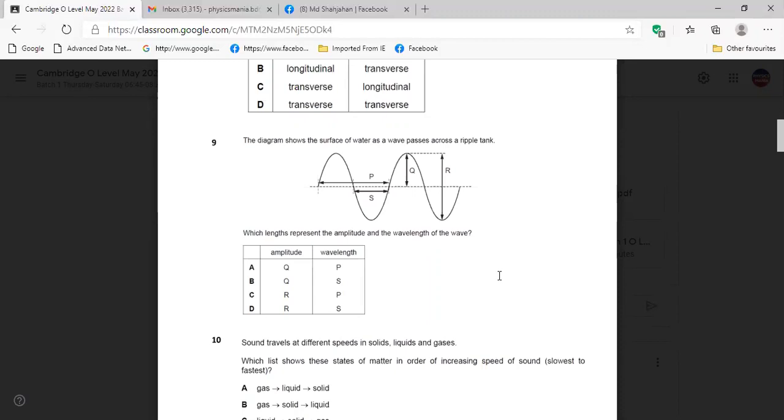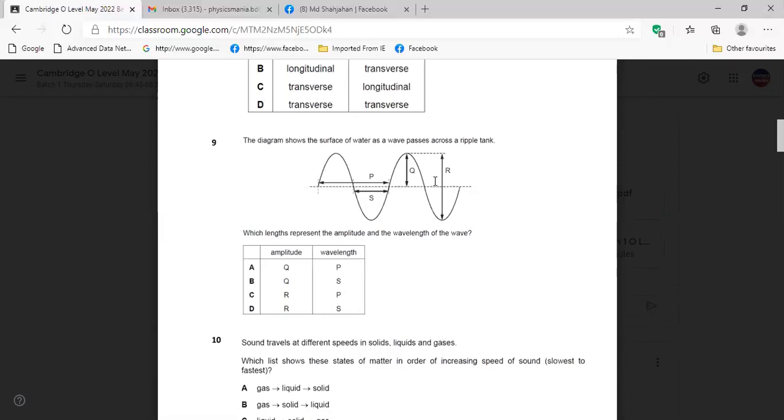R is double the amplitude, so P, because the line here in the middle is the rest position, right? So from rest position to the crest or rest position to the trough, we have the amplitude. Is it clear? Never forget. And which one is wavelength?